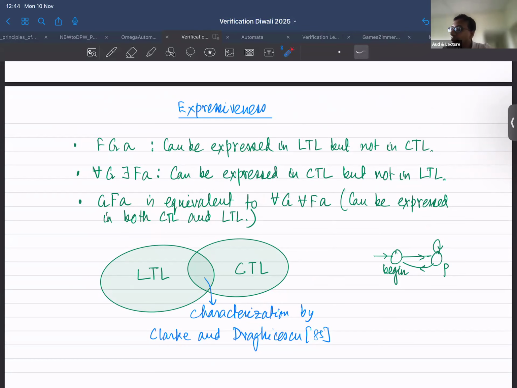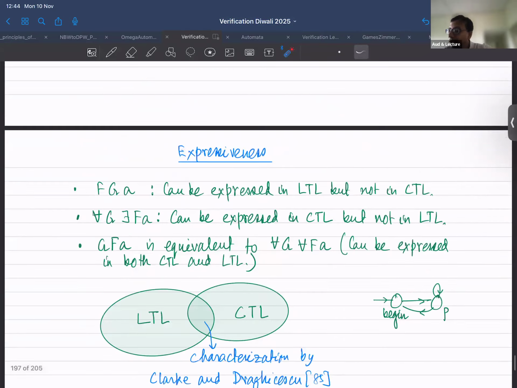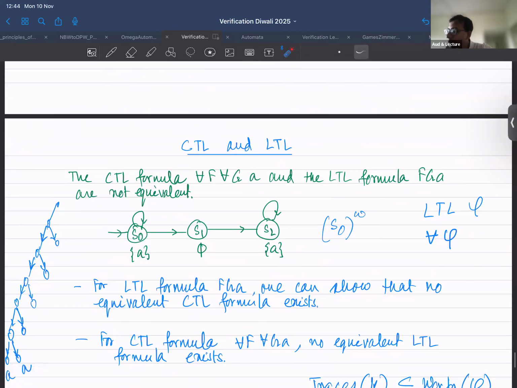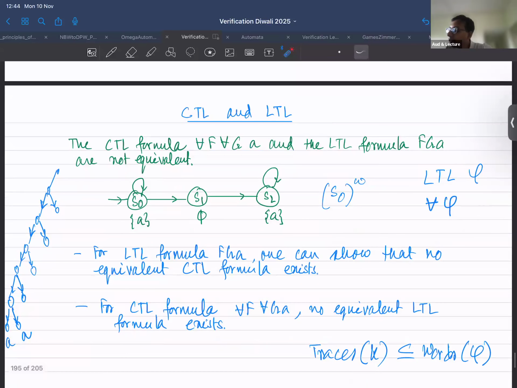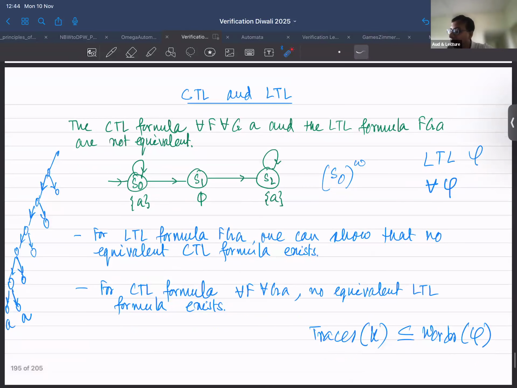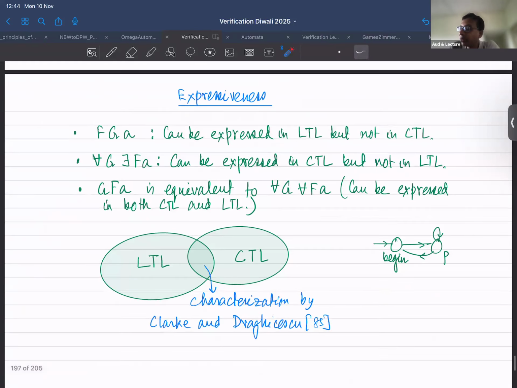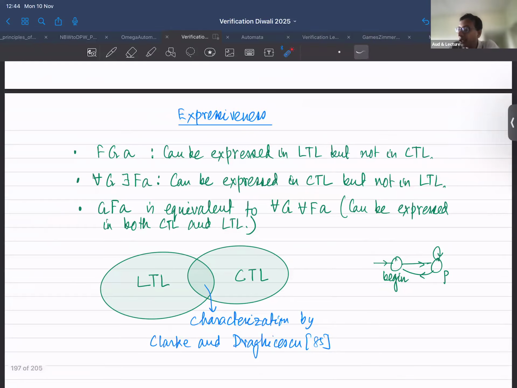Now indeed we saw this, that FGA and for all F for all GA are not equivalent. So FGA can be expressed in LTL but not in CTL. You can prove this more elaborately, but we have more or less an intuition, and this is something we saw.